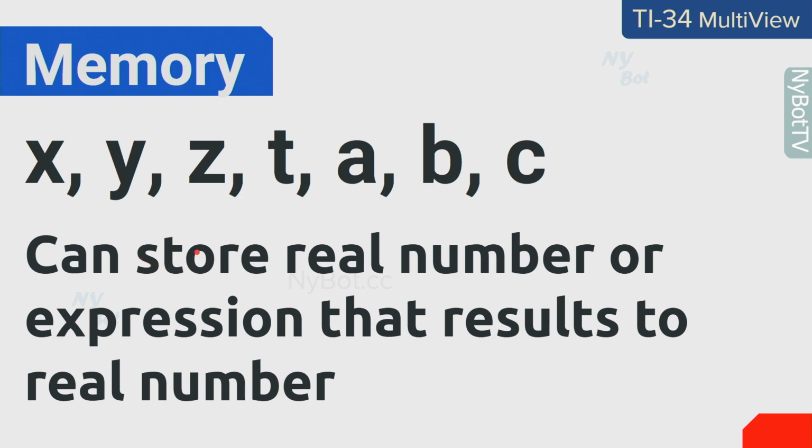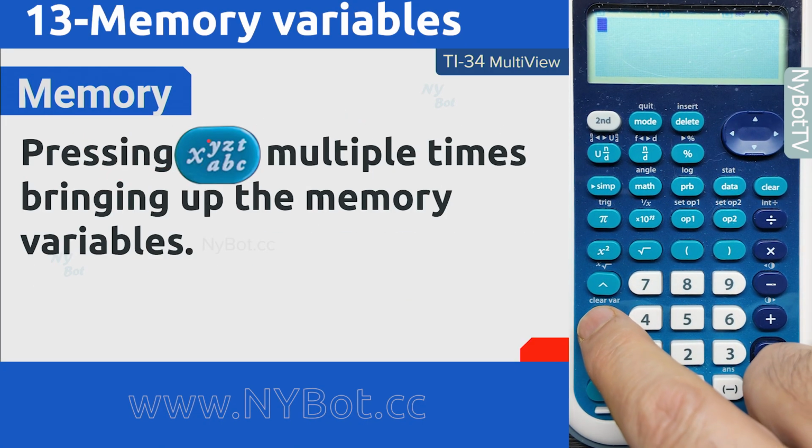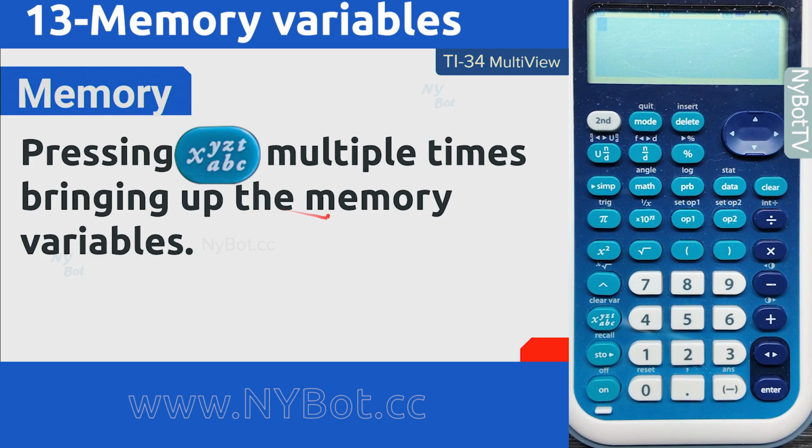This calculator has X, Y, Z, T, A, B, C independent variables that you can store a real number or an expression that results in a real number. Pressing this button here multiple times brings up the memory variable.